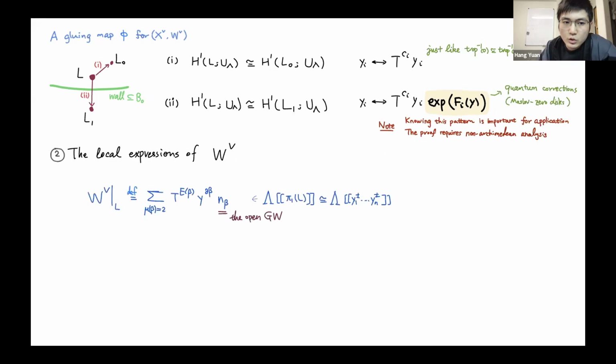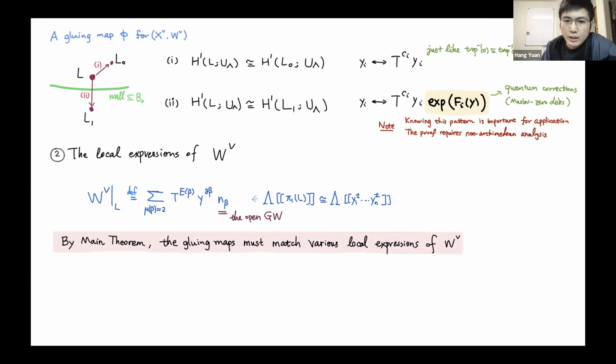So locally, it's just defined by the open Gromov-Witten invariant. Here M beta stands for the count of holomorphic disks in class beta, and mu beta is the Maslov index. So by the main theorem I mentioned in the beginning, the gluing maps also must match various local expressions of the superpotential.